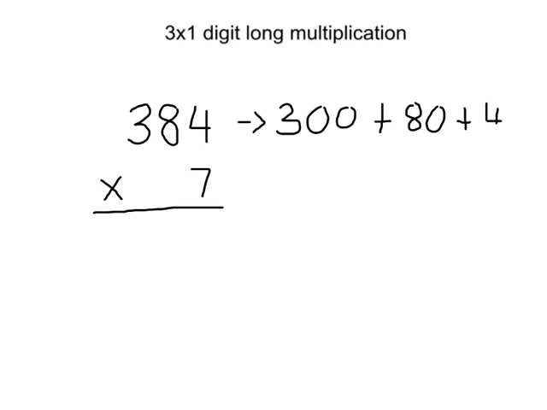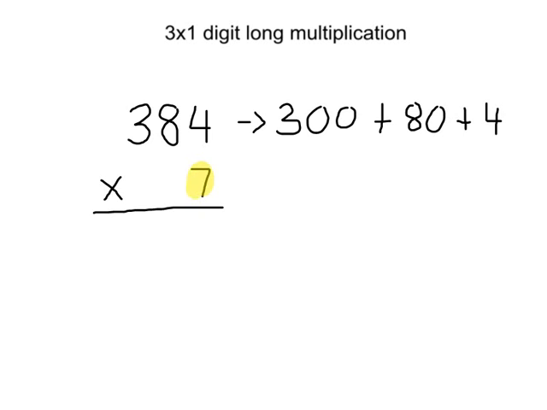Now this is going to become very, very relevant because it's important to know when you're multiplying, you're actually multiplying by these numbers. Now, in our first step of multiplication, we're going to be multiplying everything by the number 7.